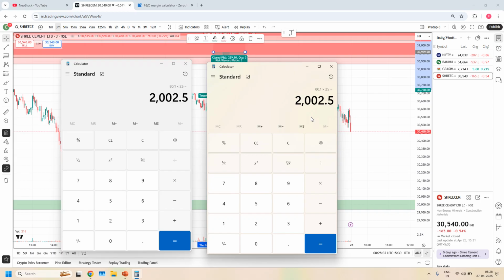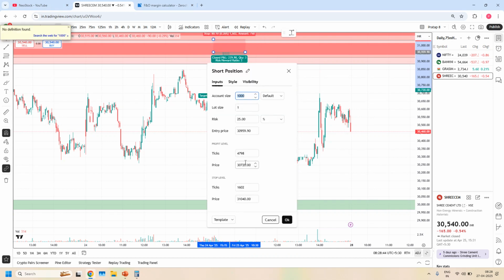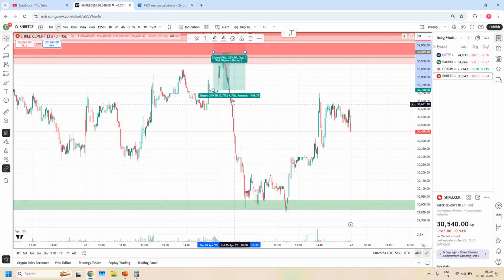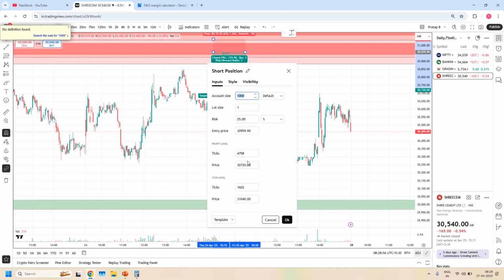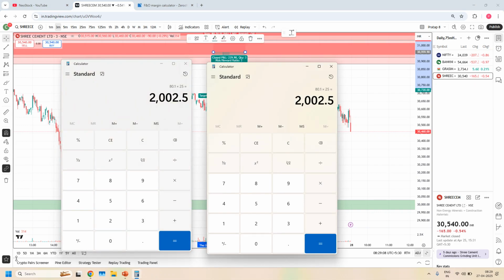But what is the entry for buying all these? 30,959.90. So in equity, how many stocks did you purchase? 25, with the value we copied.